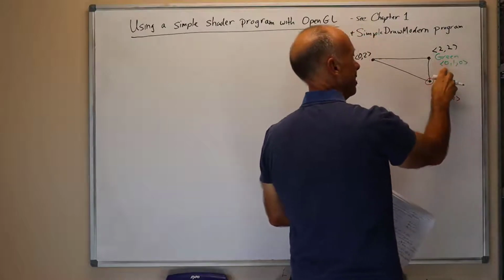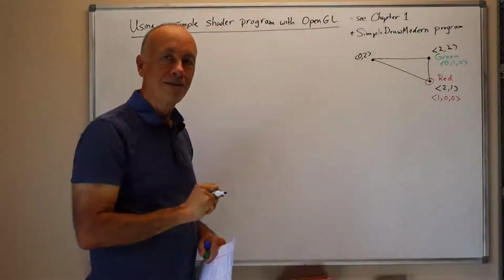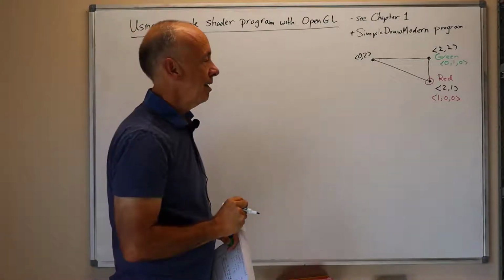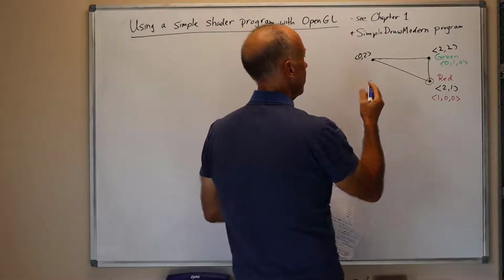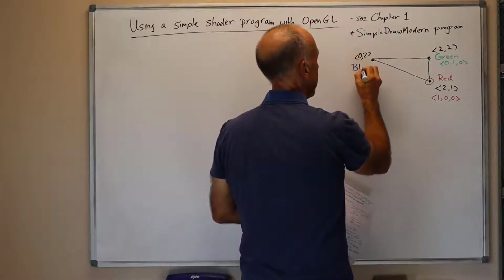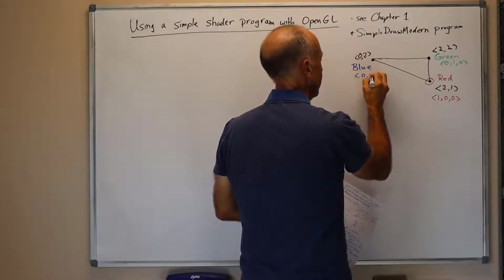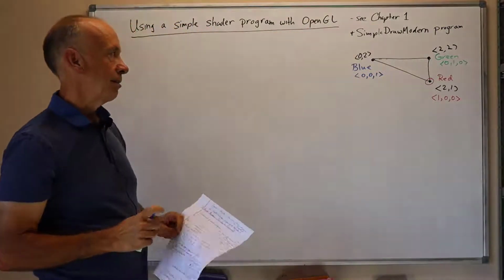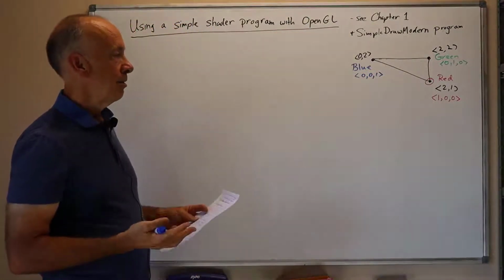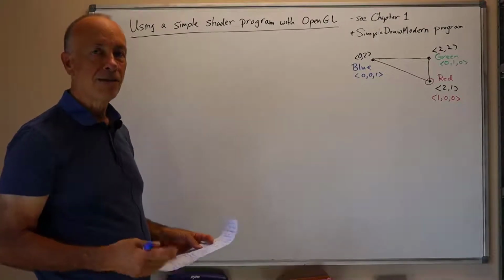It contains 0 amount of red, an amount of 1 of green, 100%, the maximum, and 0 of blue. Then the third corner will be blue, which has the code 0, 0, 1, the max amount of blue and no green and no red. So this is the familiar RGB specification of colors.